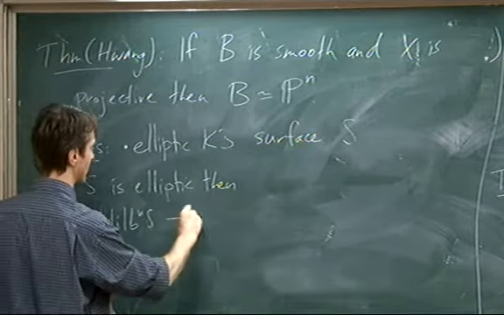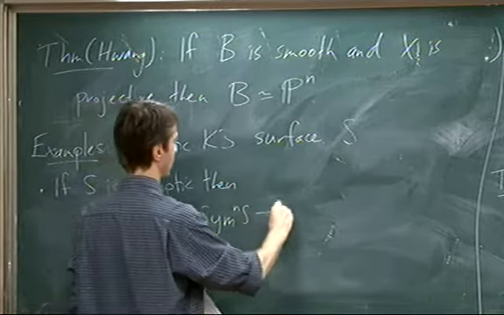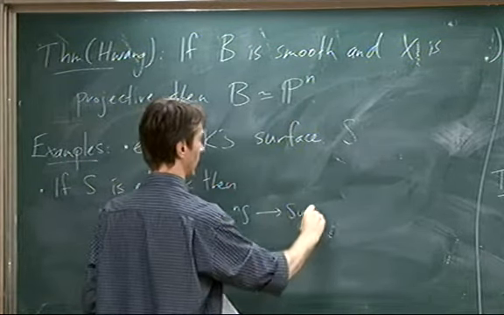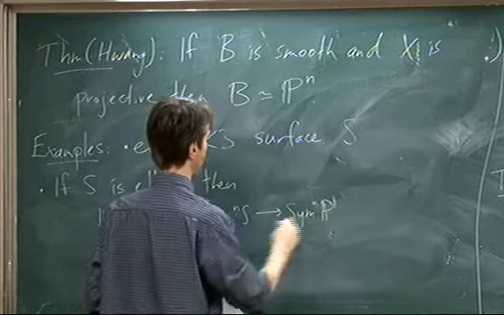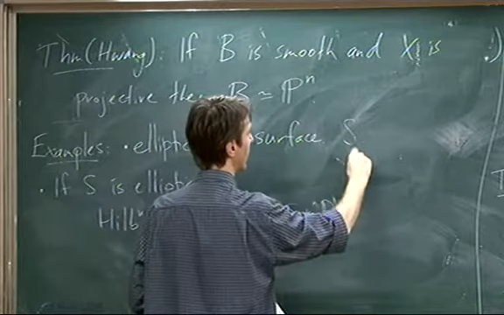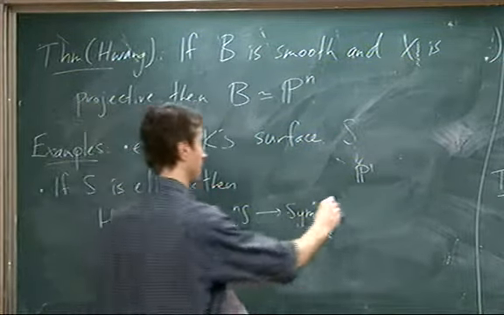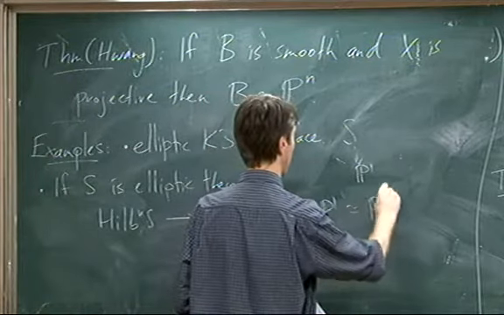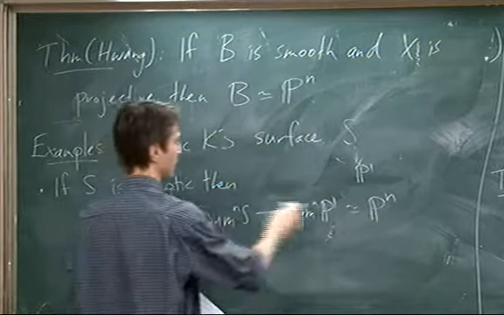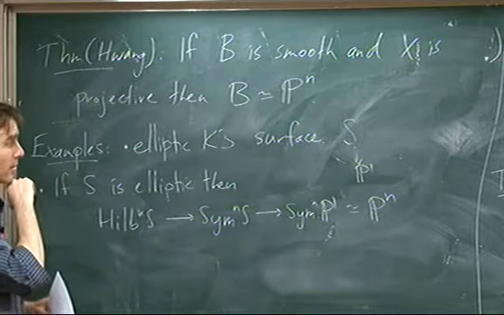Well, there's already this map down to the symmetric product, and then there'll be an induced map from that to the symmetric product of P1, just because the elliptic K3 is already a fibration over P1, and so this is isomorphic to Pn. So here's a map from here to Pn.